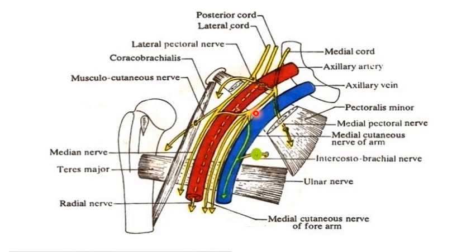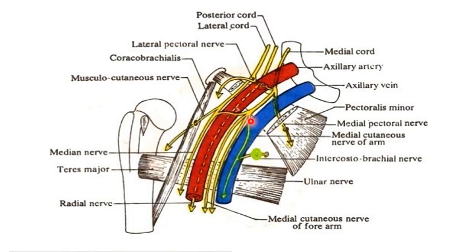So this medial cord continues as the ulnar nerve, and it also gives the branches like the medial cutaneous nerve of the forearm, the medial cutaneous nerve of the arm, medial pectoral nerve and medial root of the median nerve.